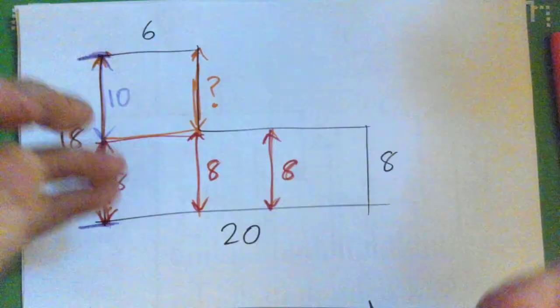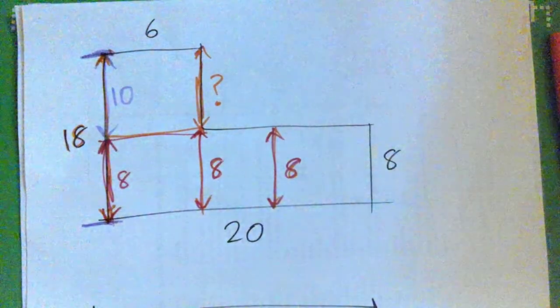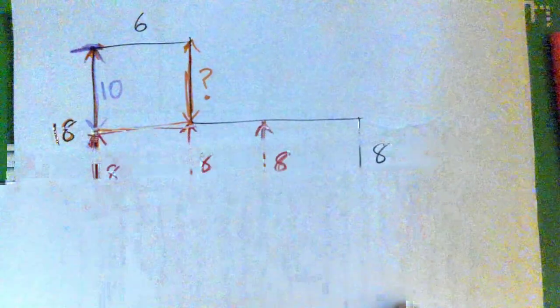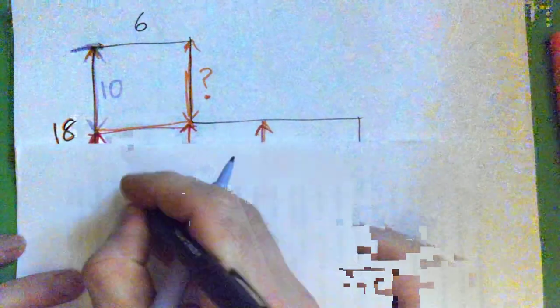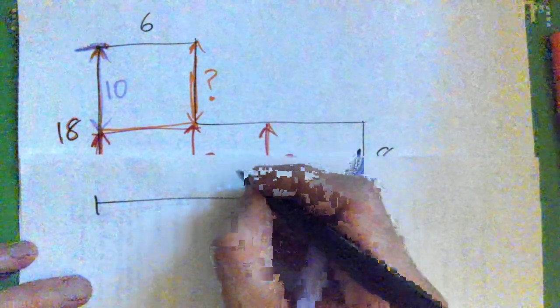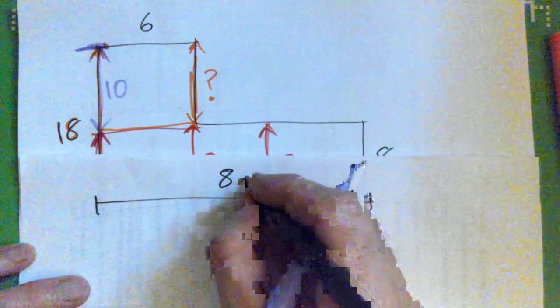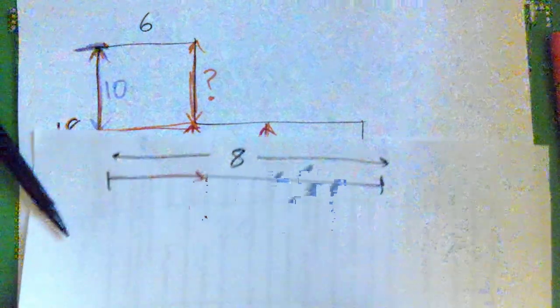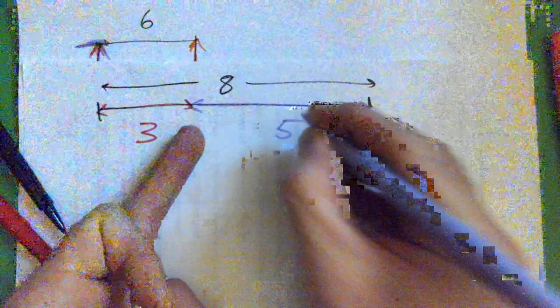But really, all this comes down to is, if you have a line and that line is, let's say, 8 inches across from here to here, and I told you that this distance here is 3, then you could all tell me what this distance is. If the whole thing is 8 and this is 3, then this has to be 5. Simple as that. That's all I'm asking you all to do.